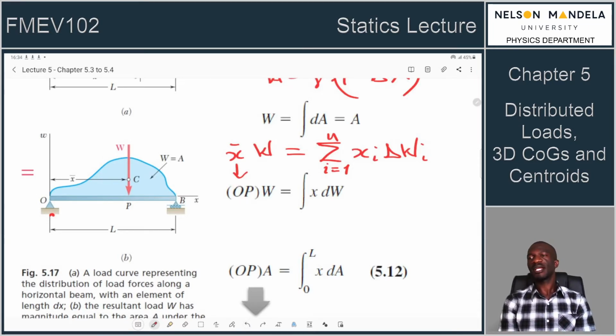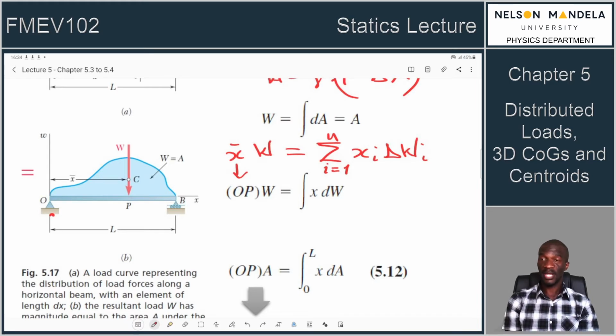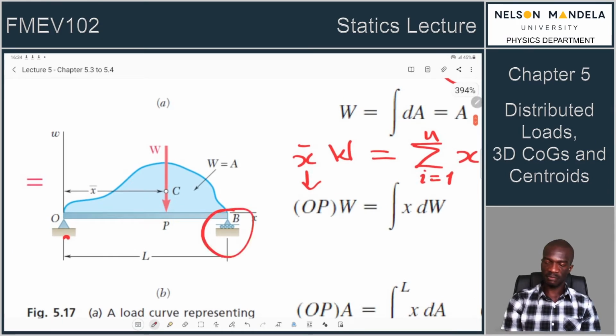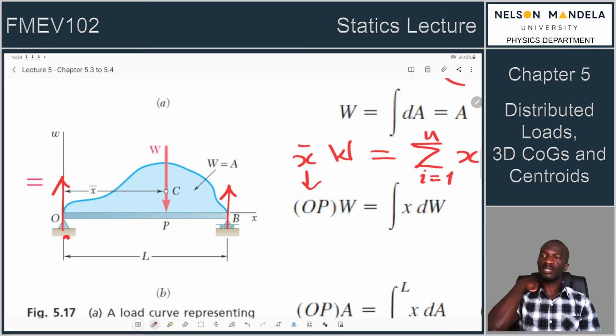We want to find the resultant, which is the concentrated weight, and we want to find its point so that we are aware that the weight acts at this point, and we can balance our system. One of the things we should be aware of is that at every point where we have a support, there will be some reaction force.